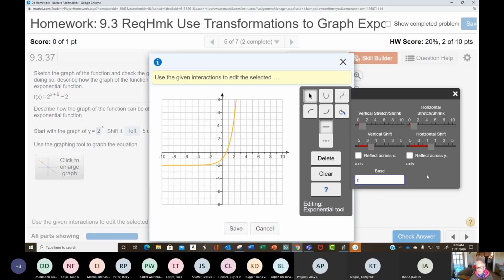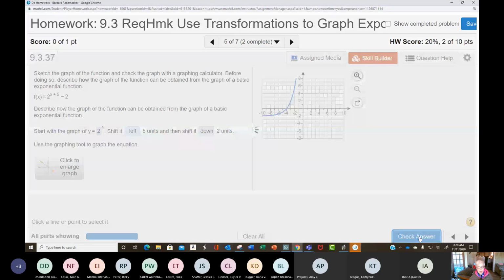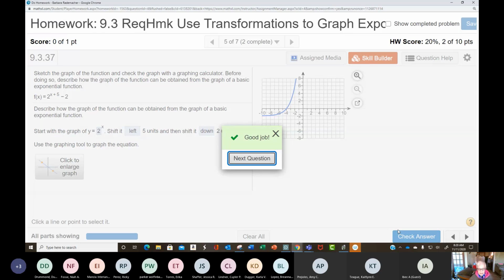And then I'm going 5 to the left, that's a horizontal shift. 5 to the left is a -5. And then I'm changing my base to 2 because the base is 2. And then I'm going to save. And then I'm going to check. Ha! All right.